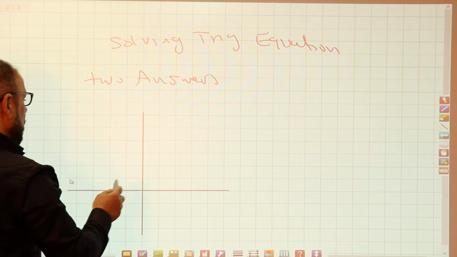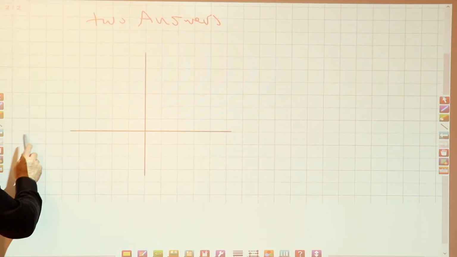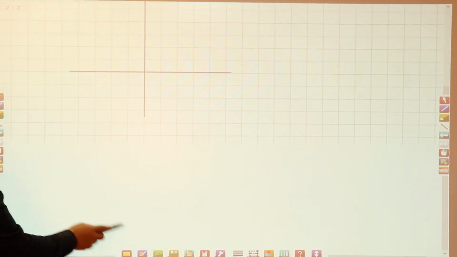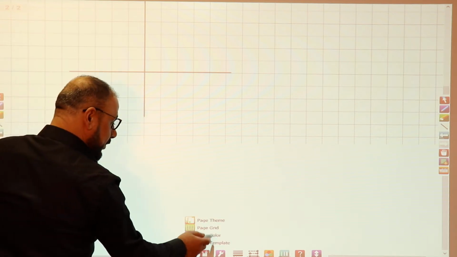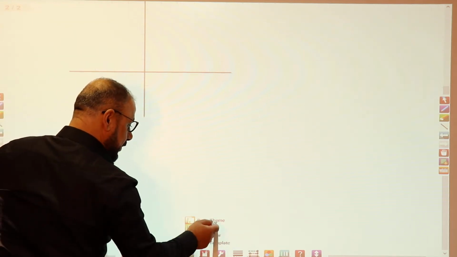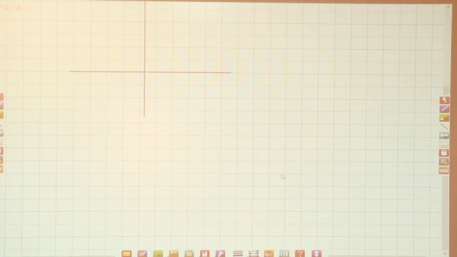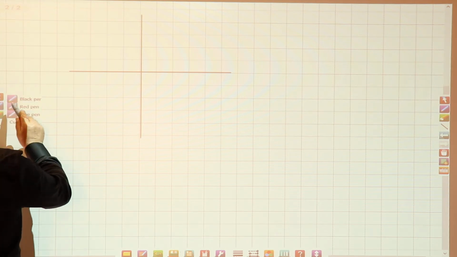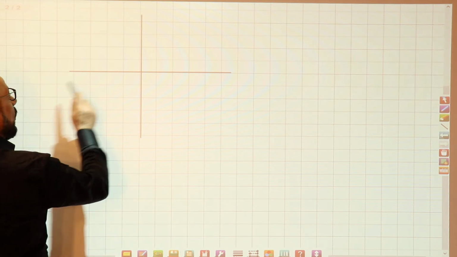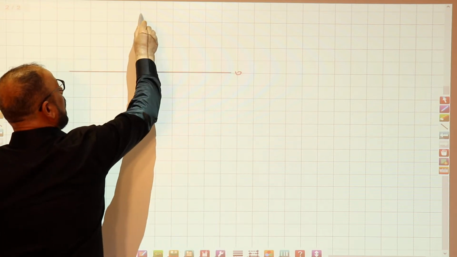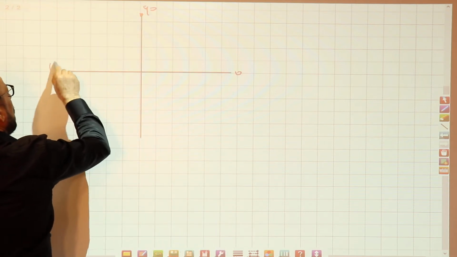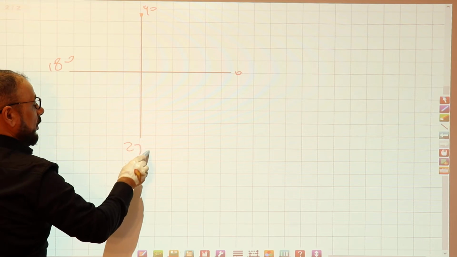Now, I need you to remember these things, guys. The sine and the cosine alternate, which means this is 0, this is 90 degrees, this is 180, and this is 270.